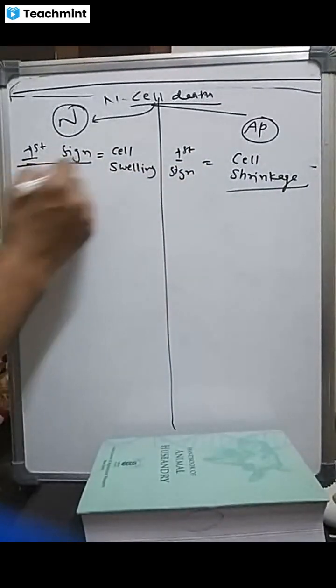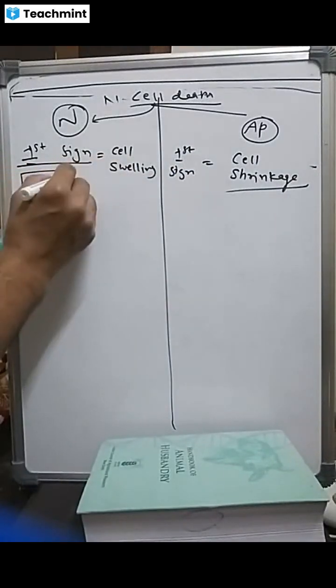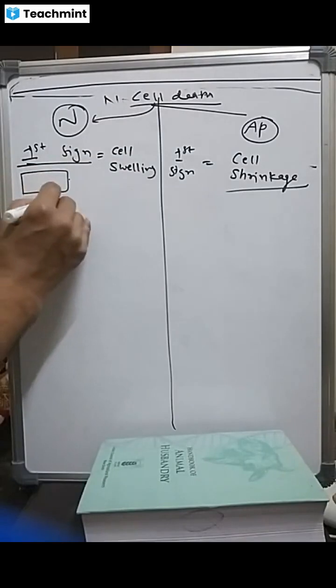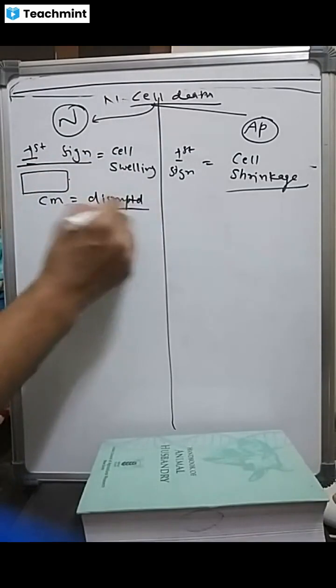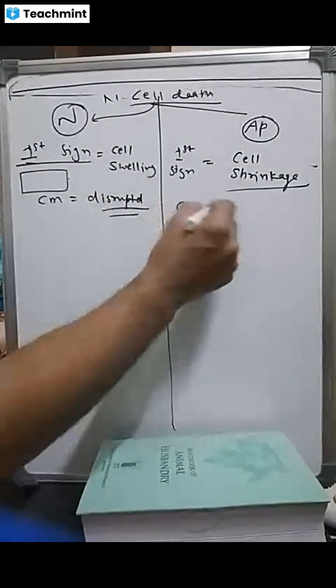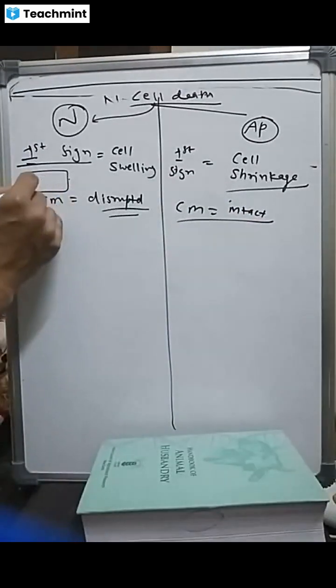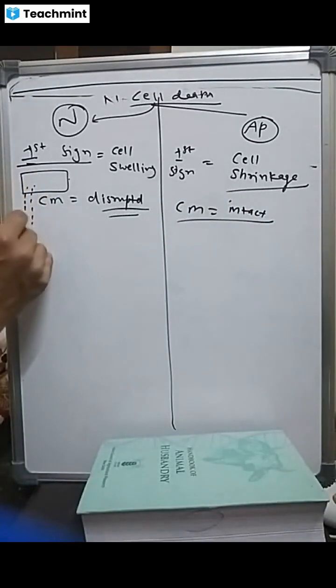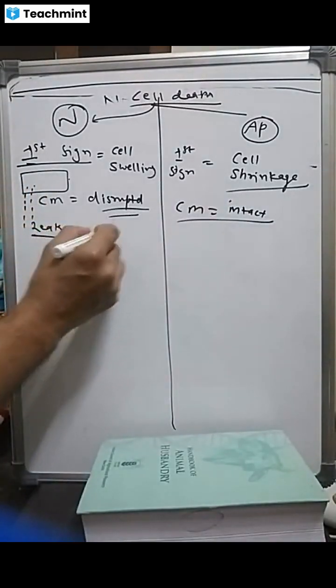Second, starting with the outside, the cell membrane. In necrosis, the cell membrane is disrupted. Here, the cell membrane is intact. Because the cell membrane is disrupted, the content may leak out.